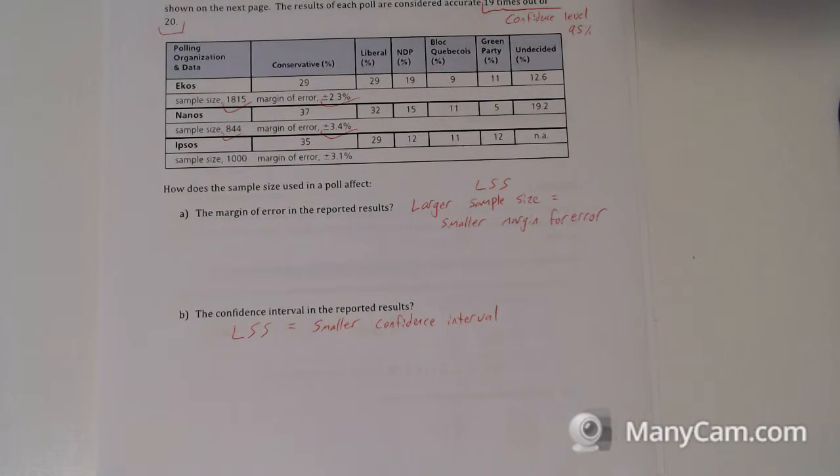So maybe that seems counterintuitive. It's because the smaller the confidence interval is, the more precise your results are, because that's how wide your goalposts are. So if you have a really big sample, then you can move your goalposts really, really close because you think you're quite accurate then.